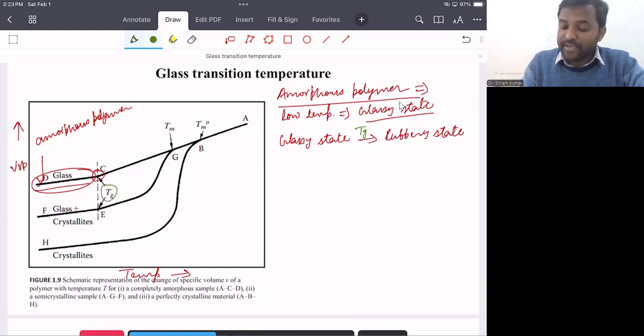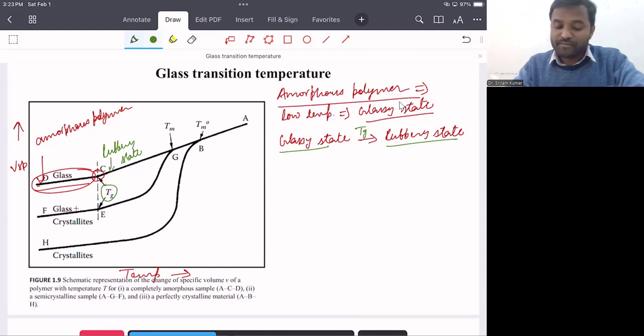So the temperature at which the amorphous polymer's glassy state becomes the rubbery state is called the glass transition temperature. At this temperature it becomes the rubbery state. And if you further increase the temperature, what will happen?